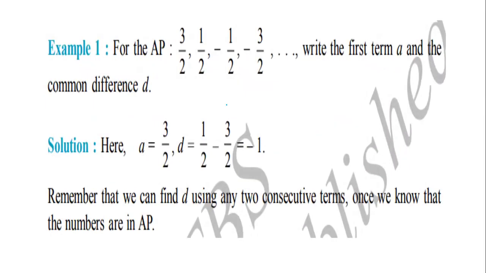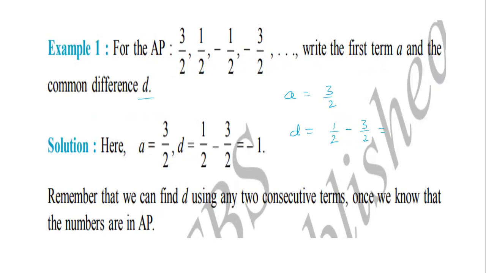Next example, for the AP 3 by 2, 1 by 2, minus 1 by 2, minus 3 by 2, write the first term A and the common difference D. Here the first term A is 3 by 2, and the common difference D is A2 minus A1, 1 by 2 minus 3 by 2.